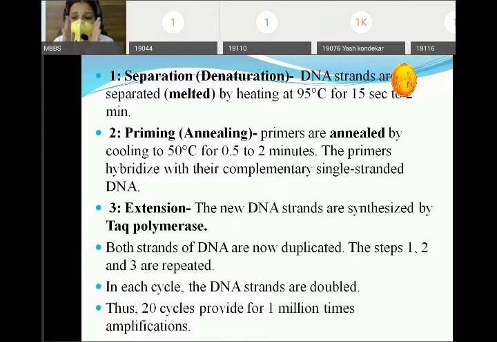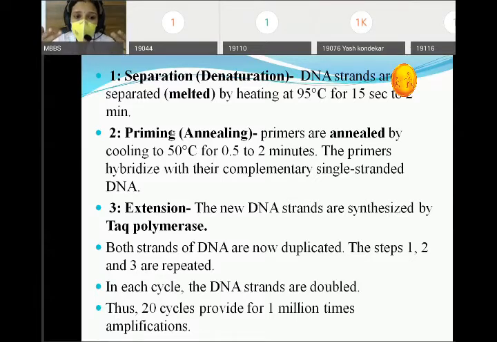So we have seen, we have DNA which is separated. Now the primers will come and attach with the two strands of DNA. Now with the help of this primer, there will be extension of the two DNA strands. So new DNA strands will be synthesized. The enzyme which is required is Taq polymerase. Now, with the help of a single DNA, we have got two DNAs.